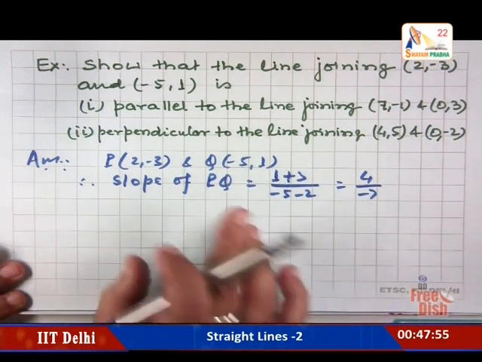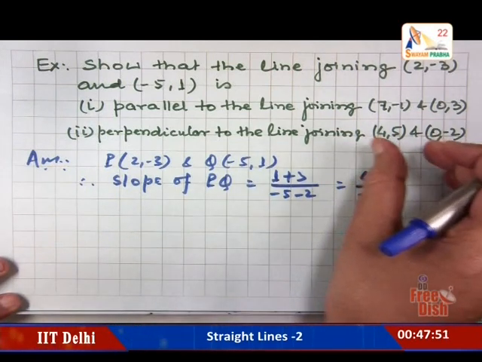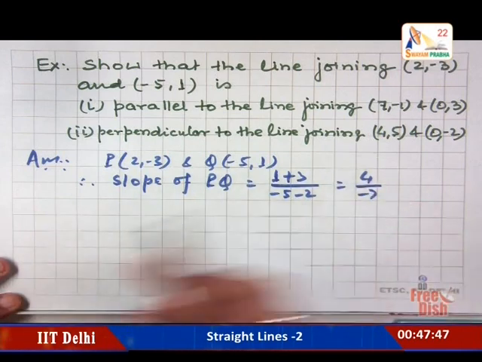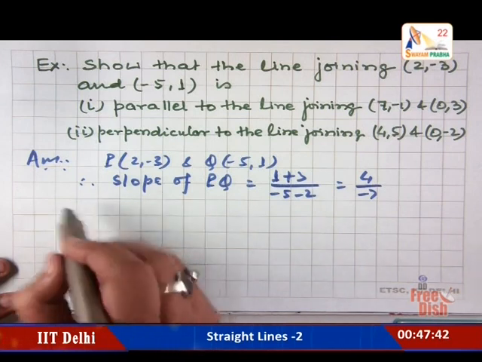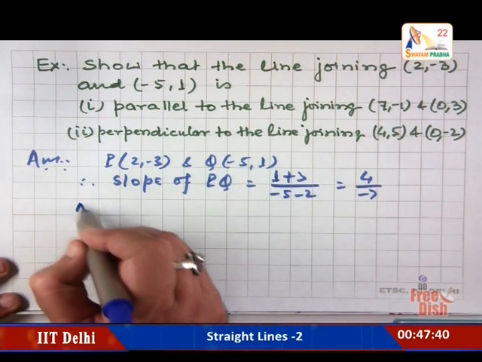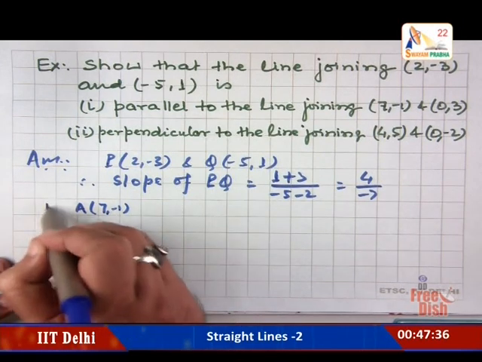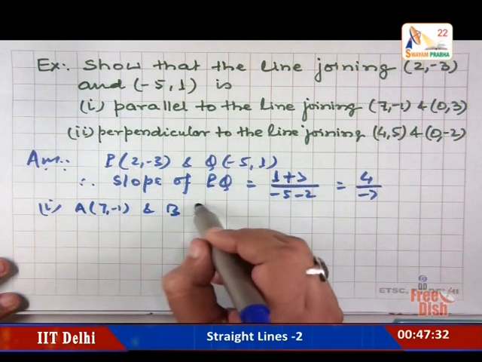Now we have to show that this line PQ is parallel to this line which passing through these 2 points 7 minus 1 and 0 3. Again name these 2 points. So say A is 7 minus 1 and B 0 3.